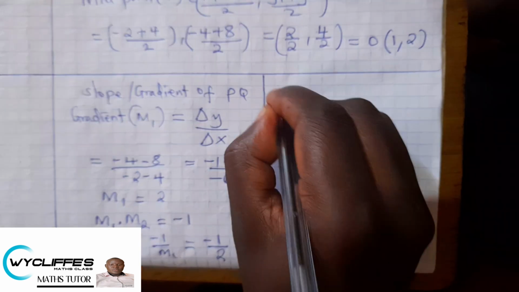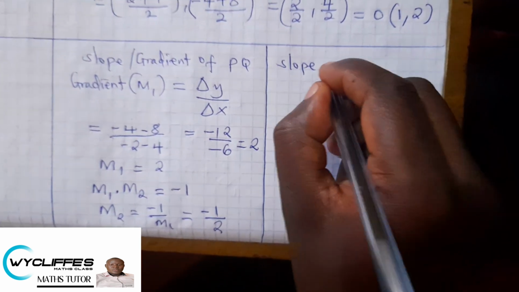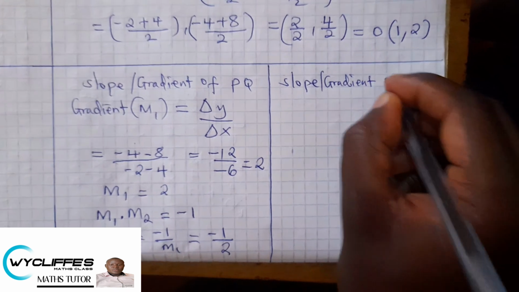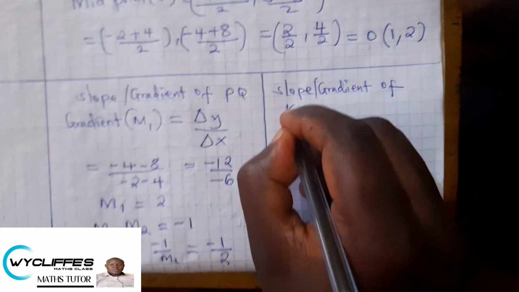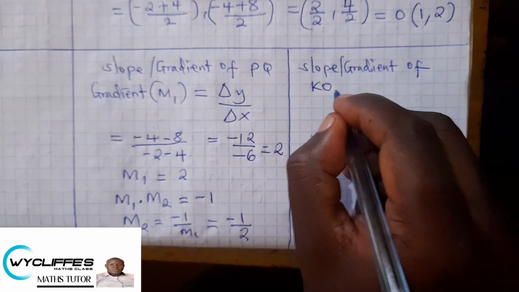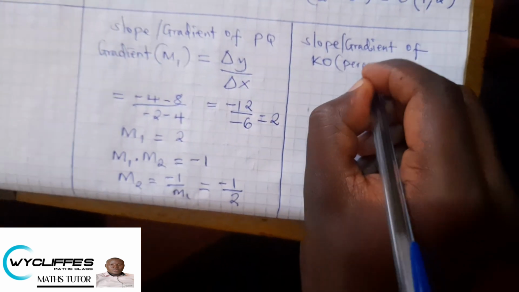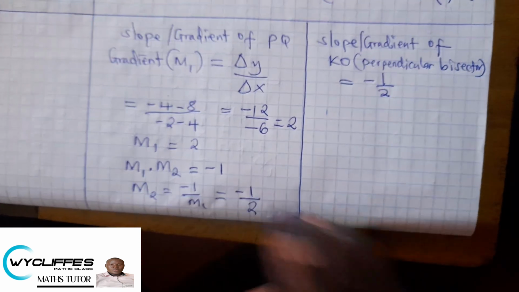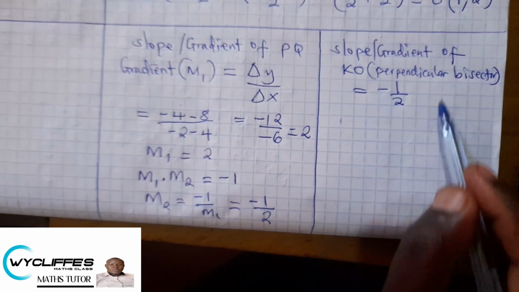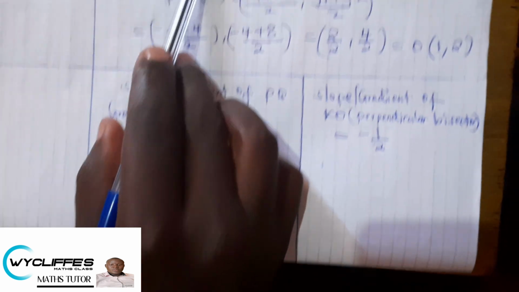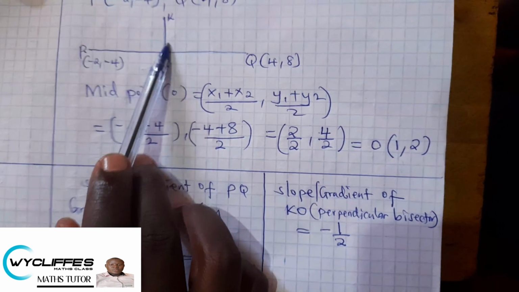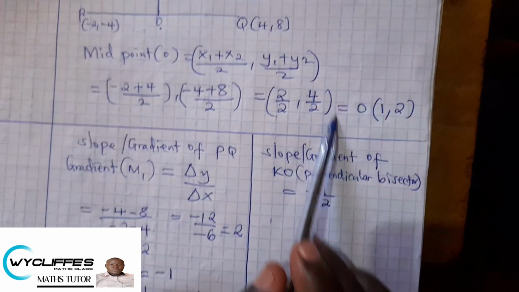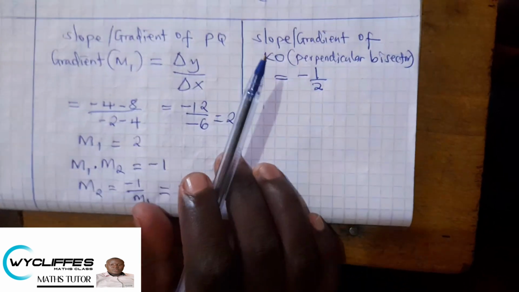So the slope or gradient of line KO, the perpendicular bisector, is equal to negative a half. Now we are going to use this gradient, and the one point on that line, (1, 2), to form an equation.